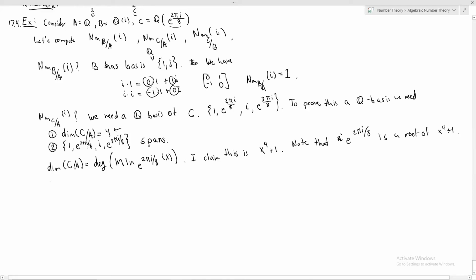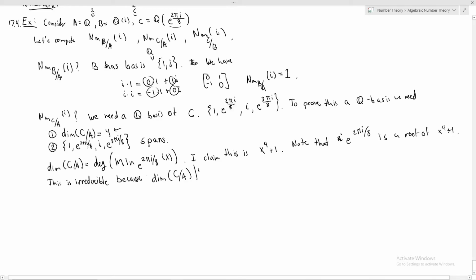However, we don't actually have to do any real math to check this is irreducible. Here's one way to say it. Because dim C over A, I now know it divides 4.